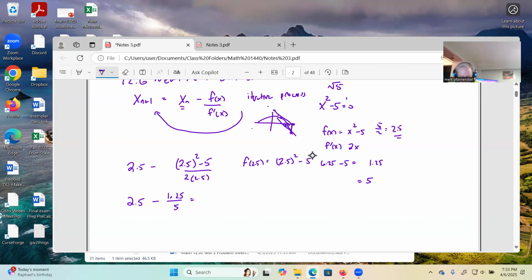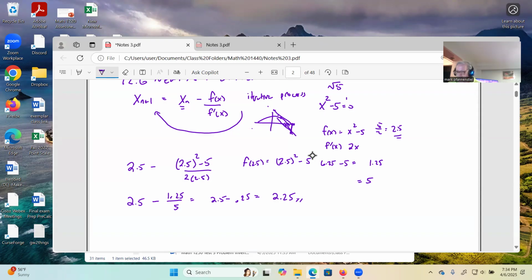Fortunately, I did that, and we have 2.5 minus 0.125 divided by 5. I got 0.25, or something like that. So I actually end up with 2.25. All right. And that's my new guess for my square root of 5. A little bit different, a little bit closer.